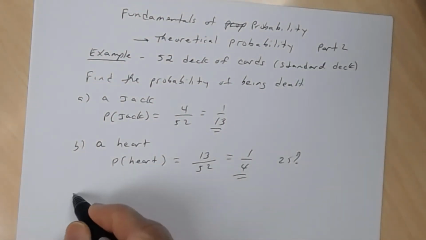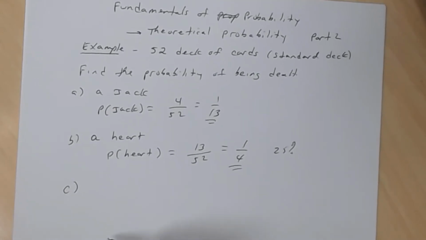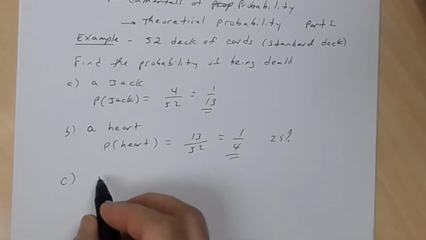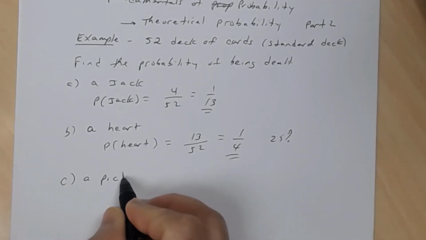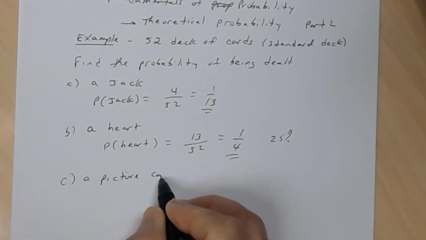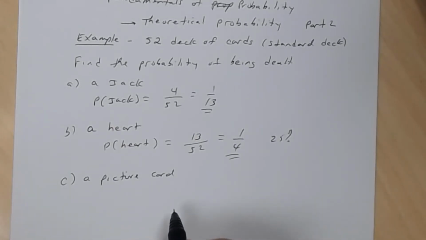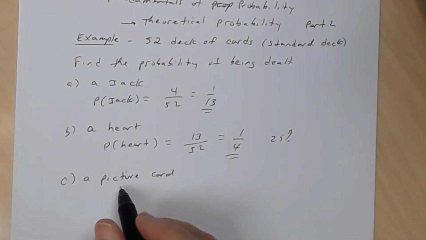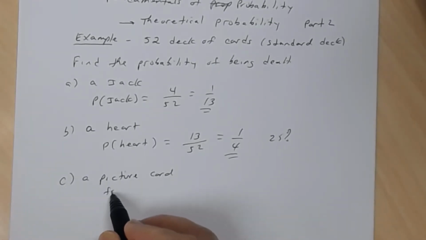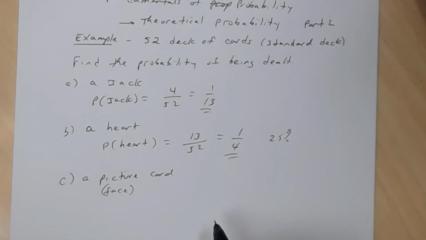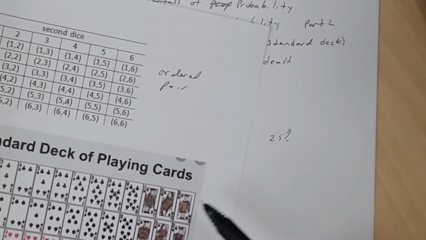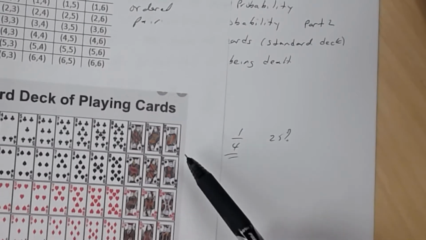All right, C, what's the probability of picking a picture card? A picture card. In this case, let's call this picture card a face card, meaning a jack, queen, or king.